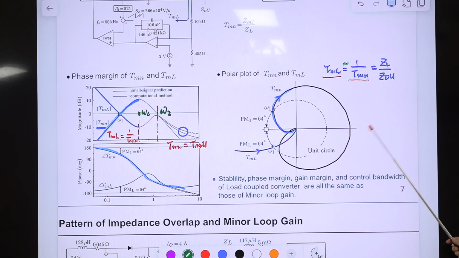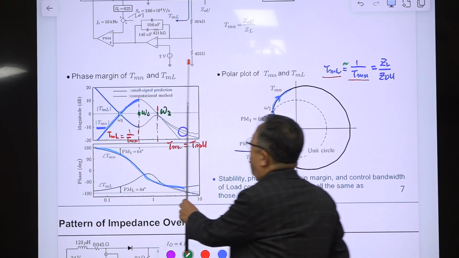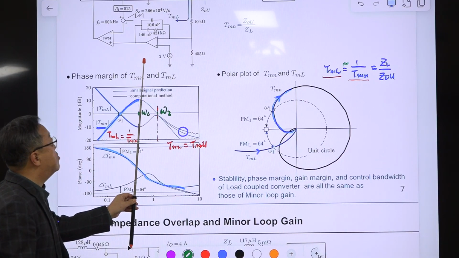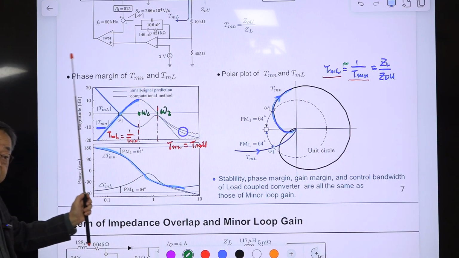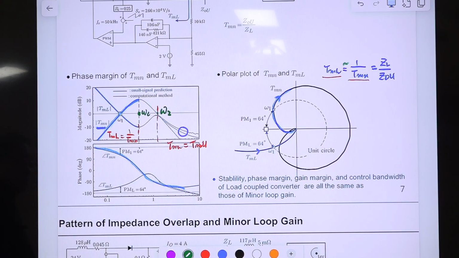This is the final result, and the justification is coming later. This is true. The relationship is TML is 1 over TMN. So TML is GL divided by GOU, and TMN is GOU divided by GL, up to the 0 dB crossover frequency of this uncoupled converter loop gain.